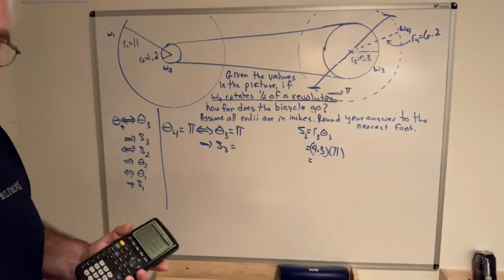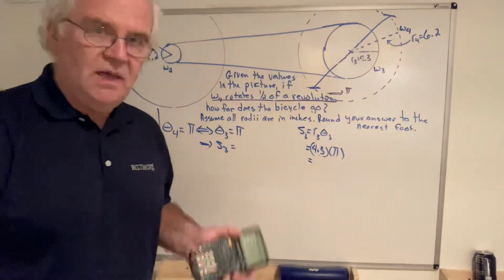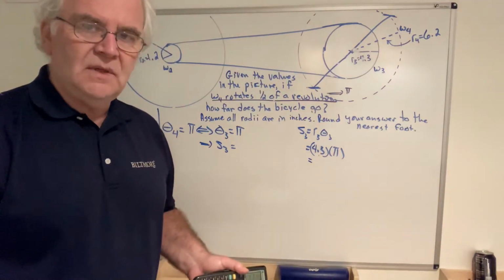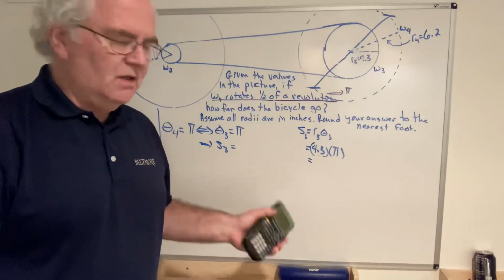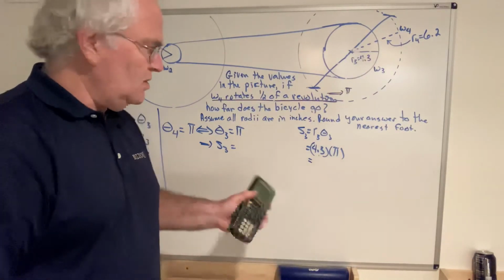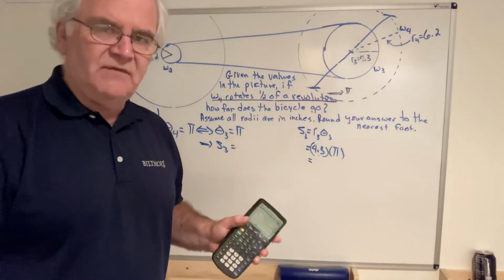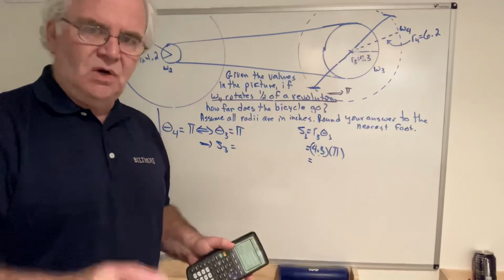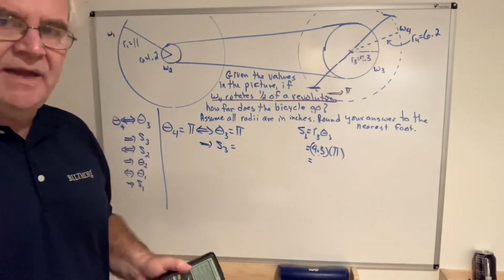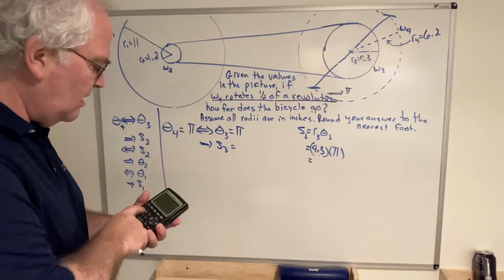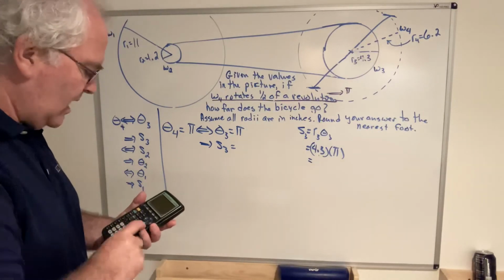Don't use 3.14. Do not use 3.14. It'll show up in your result. It's not going to be the same thing. Use the value of pi that your scientific calculator has. Find it. Go online, do a search. How do you make my calculator find pi? You can find it. Times, in this case, I'm going to do bonk, and there's pi.